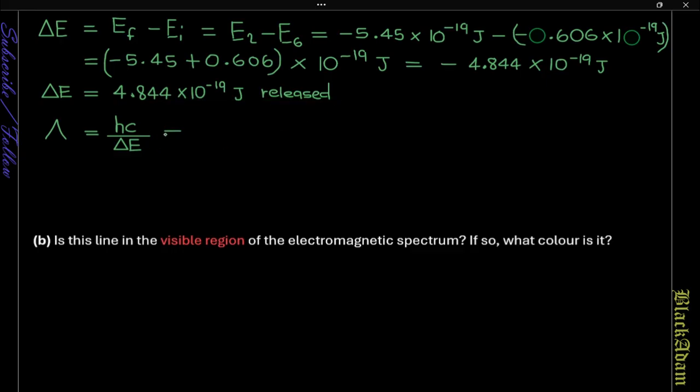So we plug in 6.626 multiplied by 10 to the power negative 34 joule seconds for Planck's constant, multiplied by the speed of light, 2.998 multiplied by 10 to the power 8 meters per second, divided by the energy, 4.844 multiplied by 10 to the power negative 19 joules.